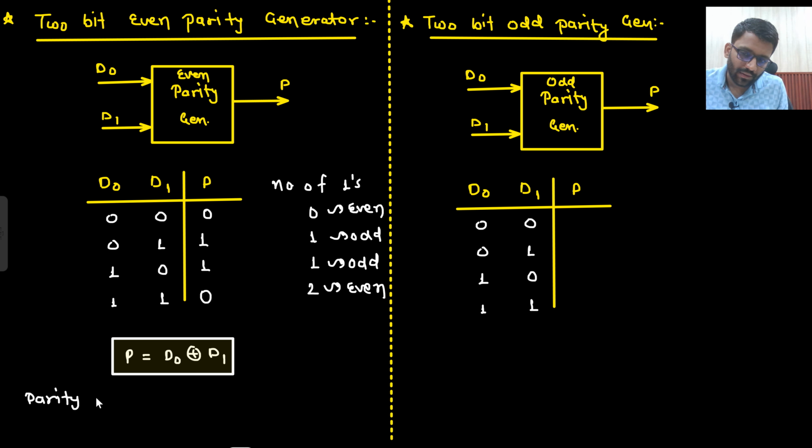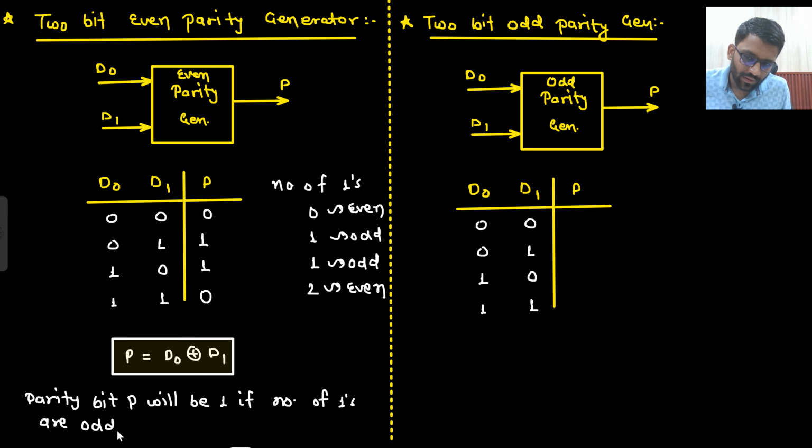Parity bit P will be 1 if the number of ones is odd, because if an odd number of ones are there, the 1 would make it even. That means it is an odd number of ones detector.